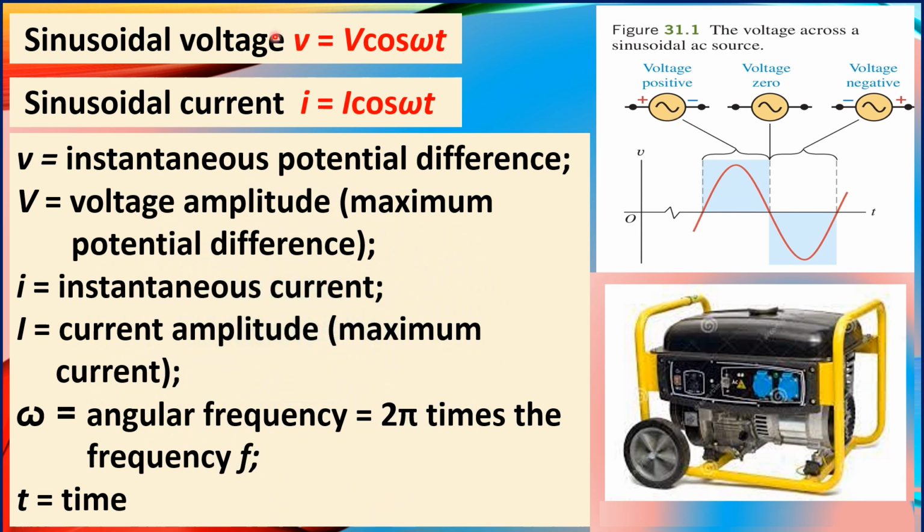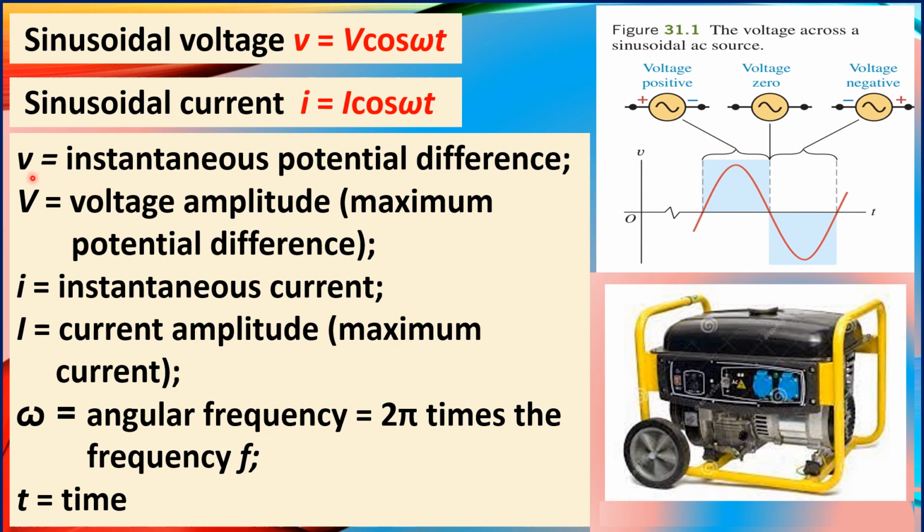In the equation for determining the instantaneous voltage, as well as the instantaneous current, you will notice that both the voltage and the current are expressed in the cosine function. The meaning of each of these quantities is given here.